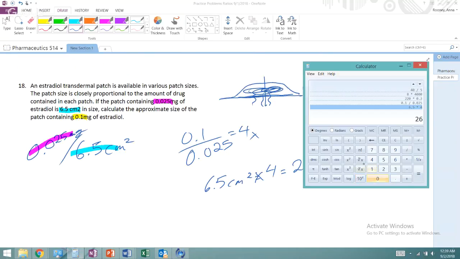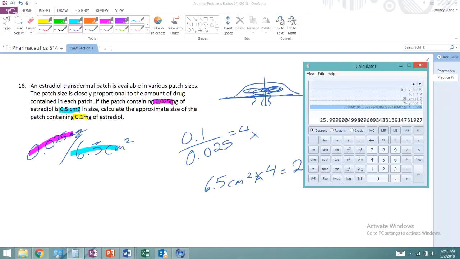Now the real fun part, find out how many centimeters on each side that actually is, which I can't remember how to do on this calculator. Probably like this. Nope, that's not how you do it. This is the way. 26. Okay, that is how I do it.